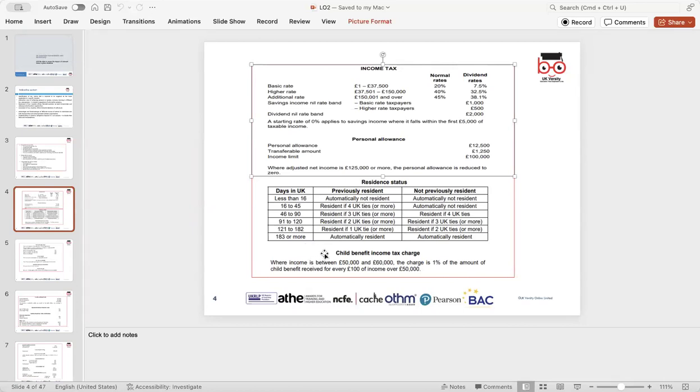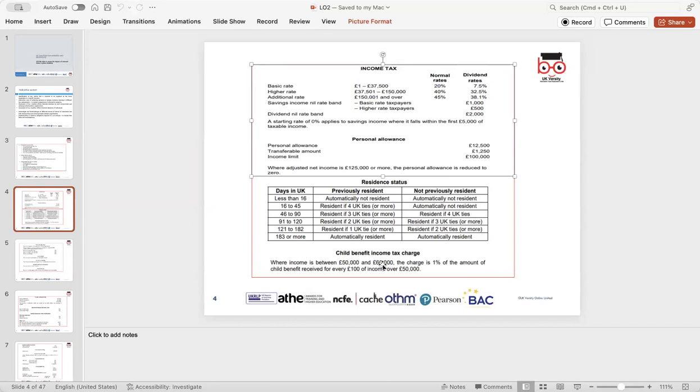Lastly, there is the child benefit charge. Parents earning between £50,000 and £60,000 fall into an income bracket where you will have to pay a tax charge on your child benefit, calculated at 1% for every £100 of income over £50,000.